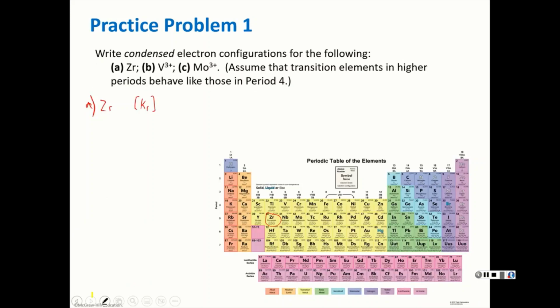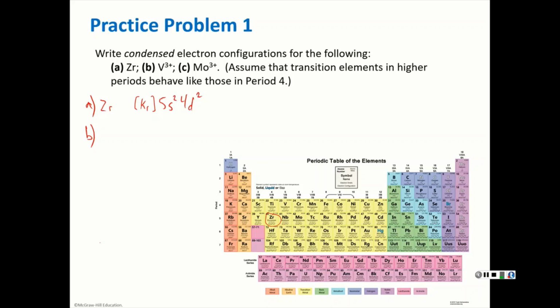So that is 5s2, 4d2. Okay, so that's pretty simple. Hopefully that's simple for the majority of the class, right? Because we've done that in the first quarter.